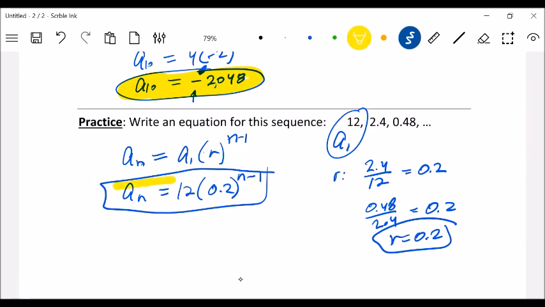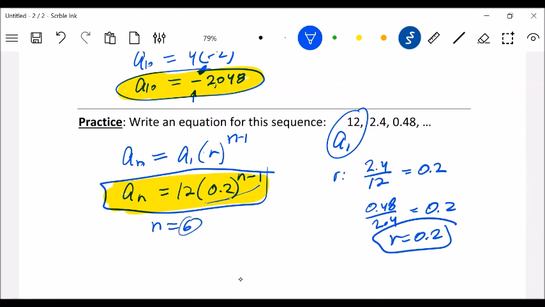Now, that's the equation. There isn't anything more to do. We cannot multiply 12 and 0.2 because the exponent is required to be done first. You do this part first. So exponent before multiply.